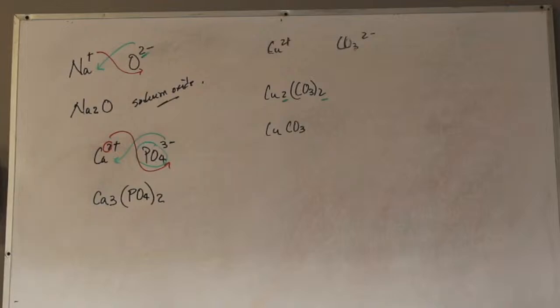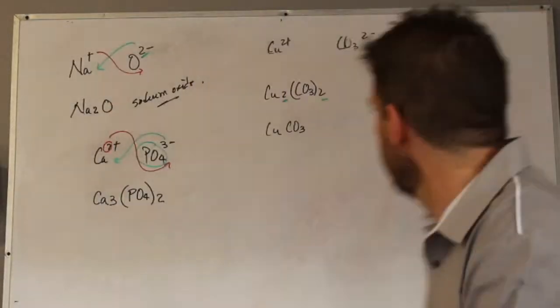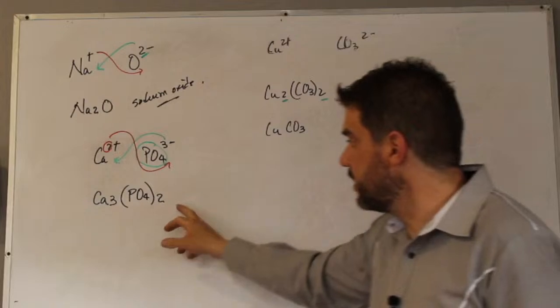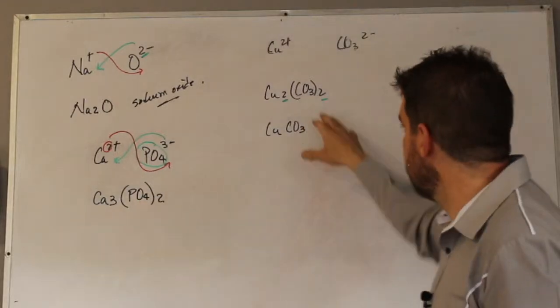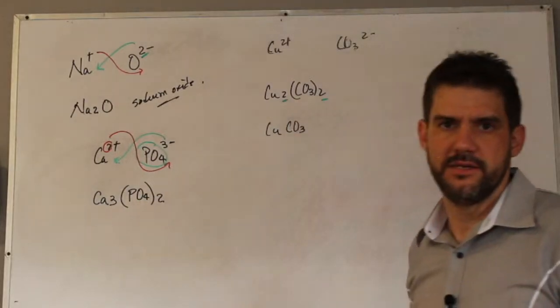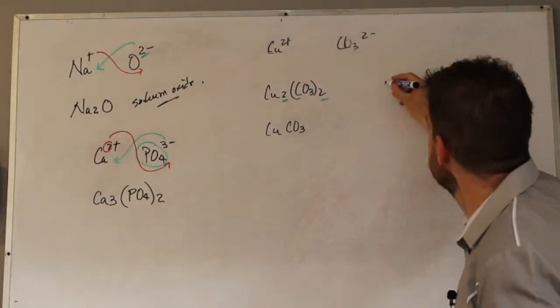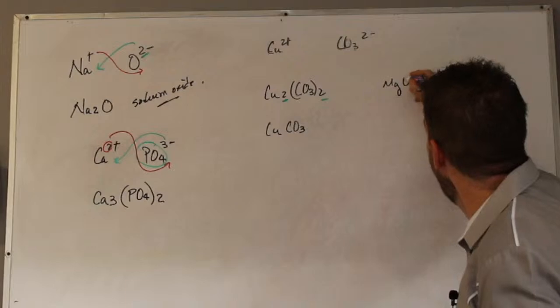If it's the same number, you cannot leave it. So if the numbers are the same, you cannot keep them. For instance here, when you have 2 and 2, you cannot keep them there. You only keep them if they are different. But if there is the same number, you remove the number. For instance, magnesium oxide is MgO.